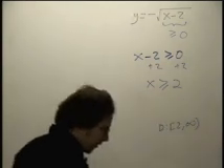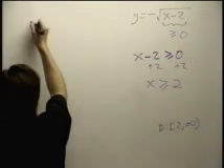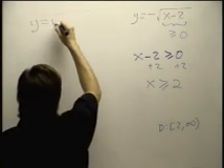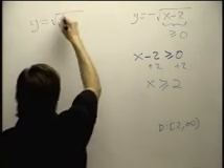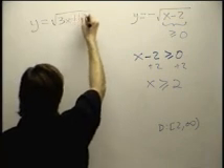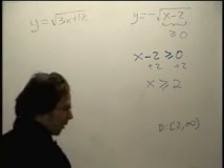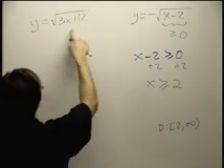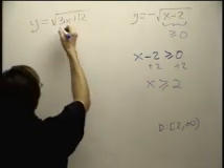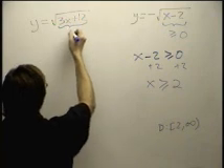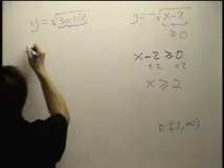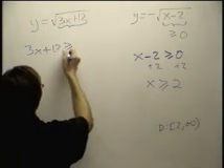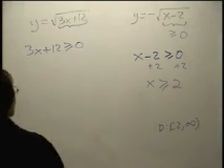Okay? So to see another example, if we have the function given by y equals the square root of 3x plus 12, and we want to find the domain, again, whatever expression we're taking the square root of has to be non-negative. So 3x plus 12 must be greater than or equal to 0.